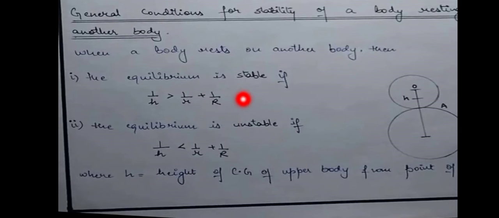That means if we sum 1 upon the radius of both the spheres, and it is smaller than 1 upon h, then the equilibrium is stable, and if 1 upon h is smaller than 1 upon small r plus 1 upon capital R, then that equilibrium is known as unstable, where h is the height of the center of gravity of the upper part from the point of contact.